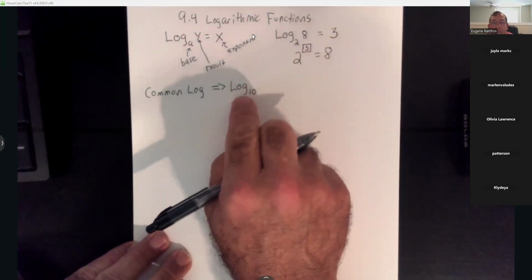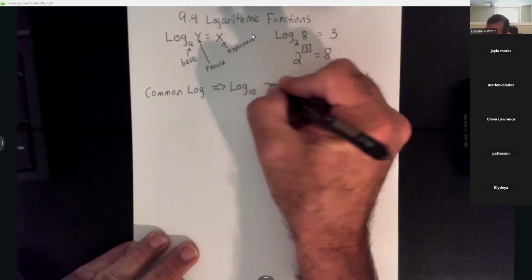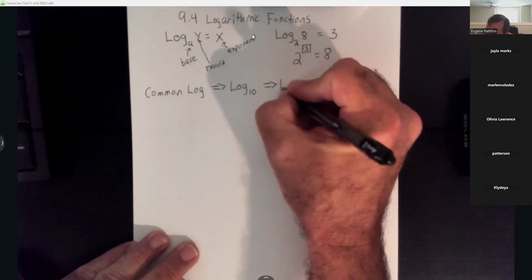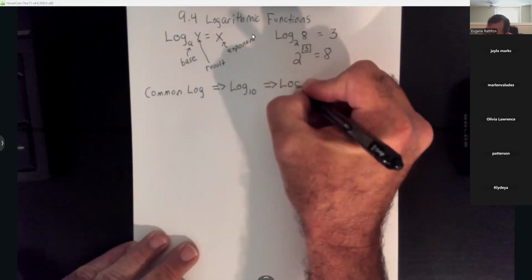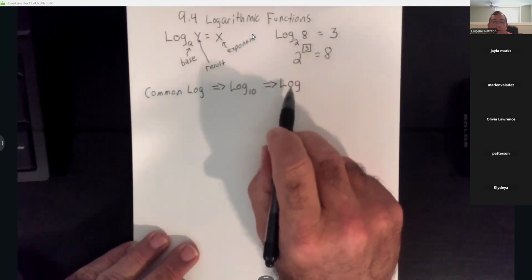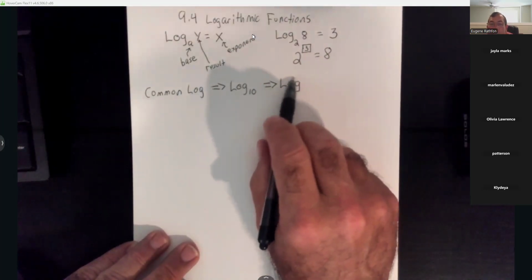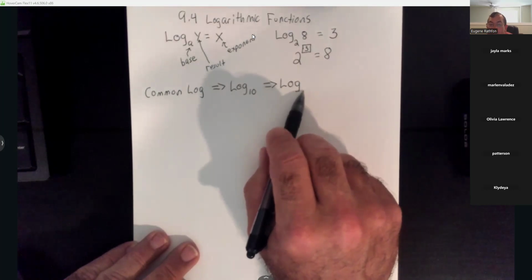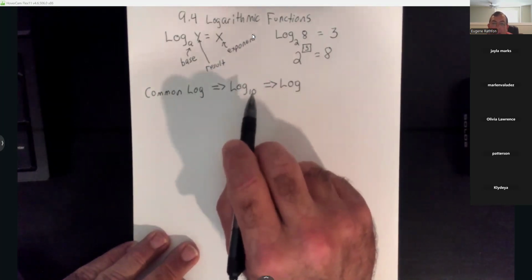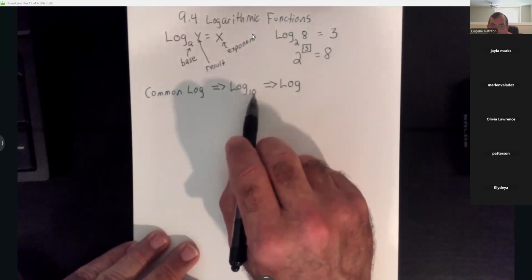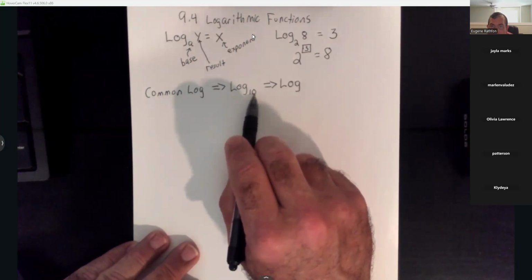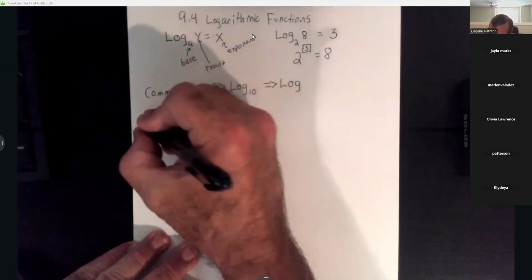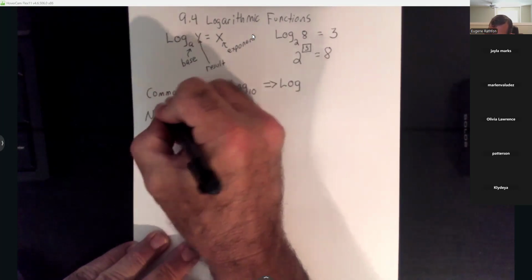Now, on the calculator, it'll be shown as log. So if you see log by itself without a base, it's automatically a 10, okay? We got one called the natural log.